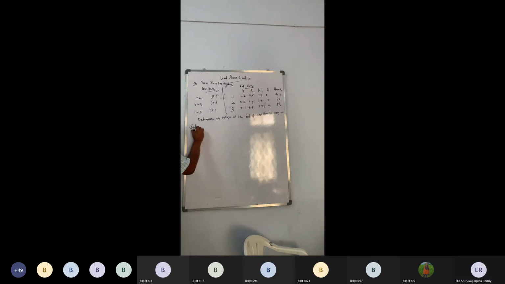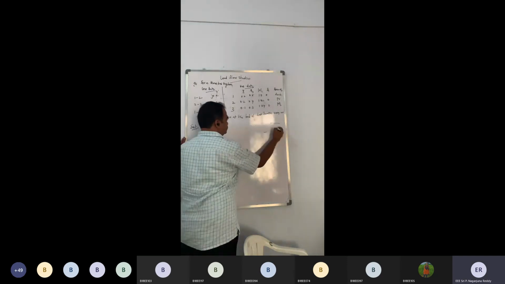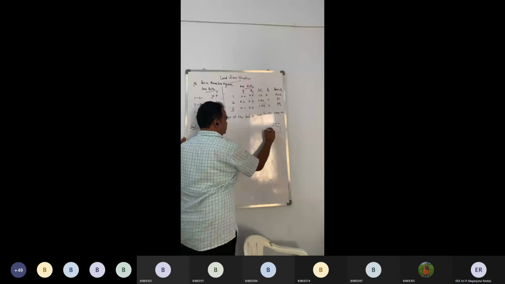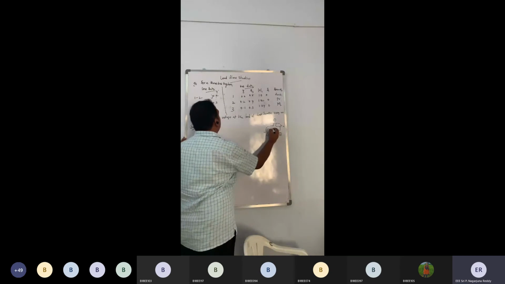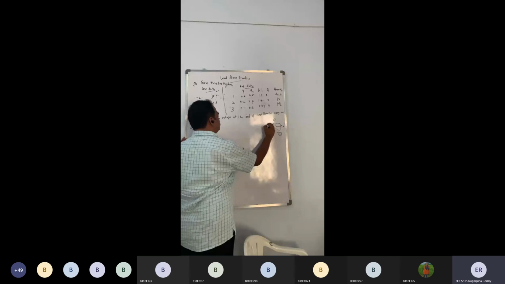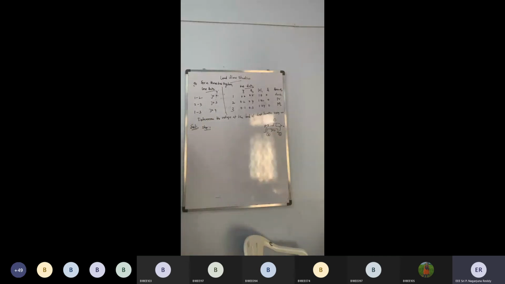Step number 1. If possible, you can draw the circuit. This is bus number 1, 2, and 3. Between bus 1 and 2 we have j0.2, 2 to 3 j0.3, and 1 to 3 j0.4. This is the figure.